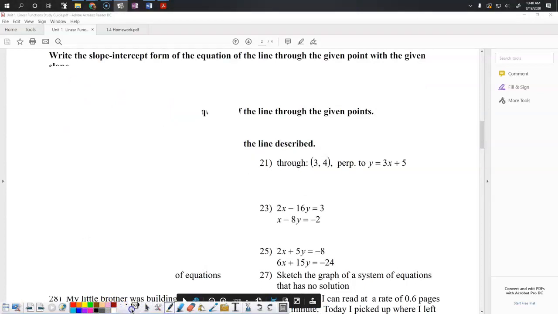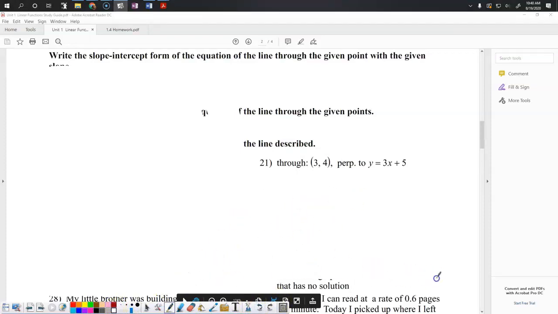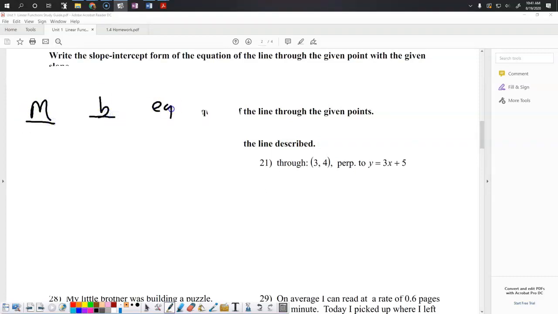All right, so let's, oops, wrong color. All right. So like I said, similar steps to the last problem. It's just that we're doing perpendicular this time. So let's begin. So we need a slope and a b value and then an equation, right?